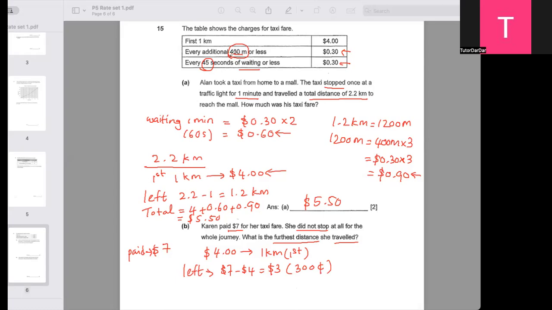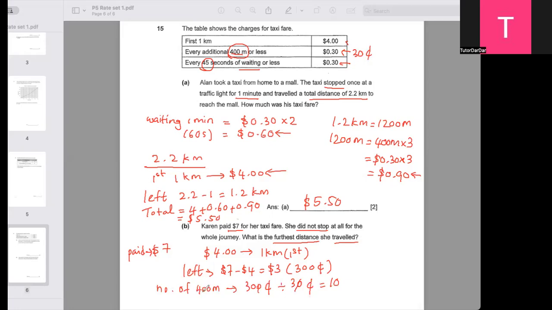Now, every 400 meter is 30 cents. Correct? So how do we find the number of 400 meter? 300 cents divided by 30 cents. So 0 cancel, then you will get 10. That means 10 of this 400 meter.